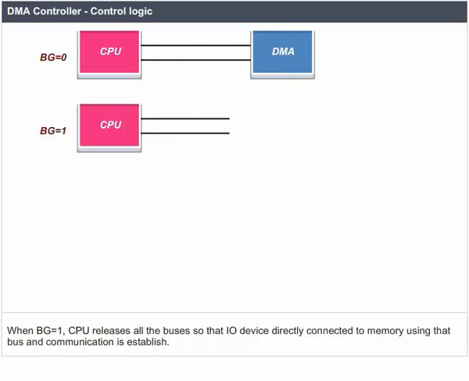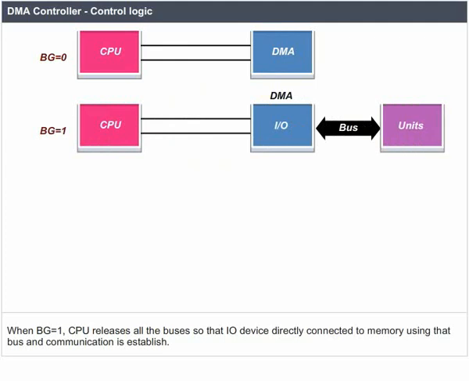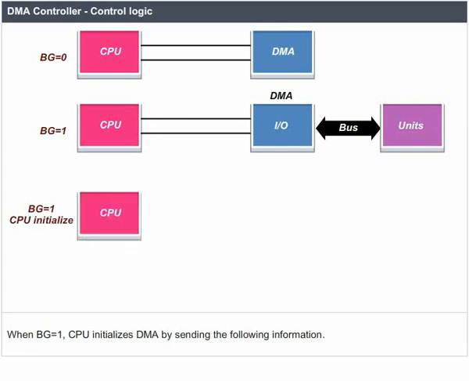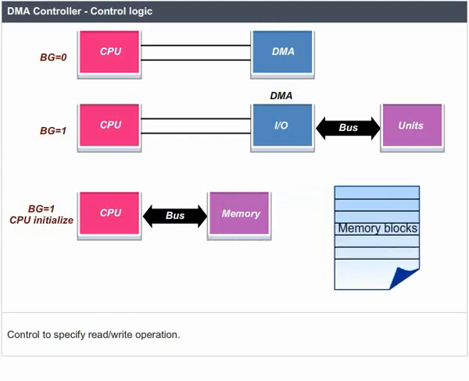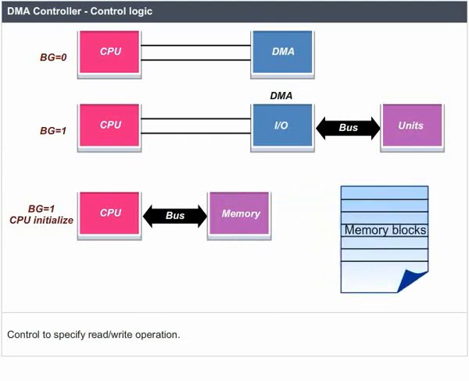When BG equals 1, CPU releases all the buses so that the input-output device is directly connected to memory using that bus and communication is established. When BG equals 1, CPU initializes DMA by sending the following information: the starting address of memory where data is available, word count, number of words present in the memory block, control to specify read or write operation.